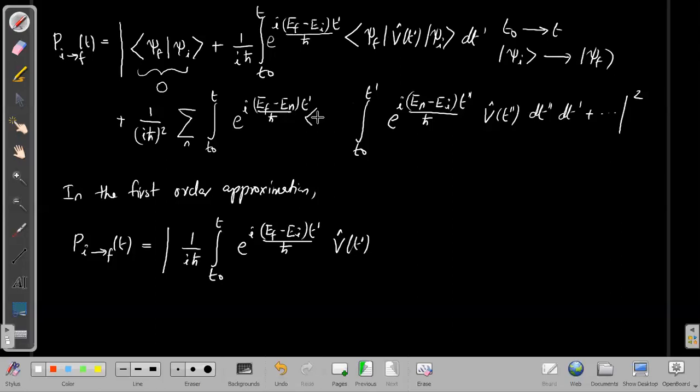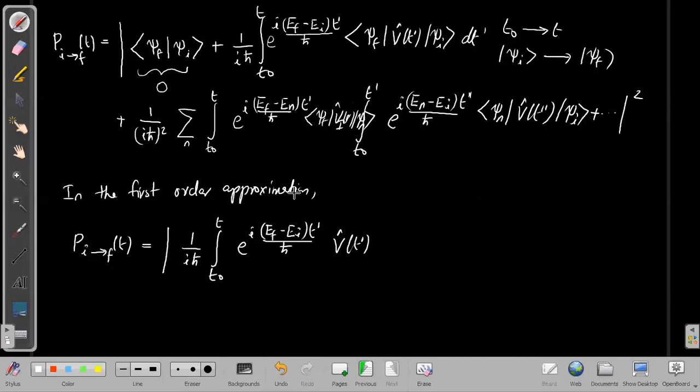It should be inner product psi f V t prime then psi n, and here again there should be an inner product. Okay, sorry for the mistake. And it should be psi n V t double prime psi i. Okay, good, plus etc.